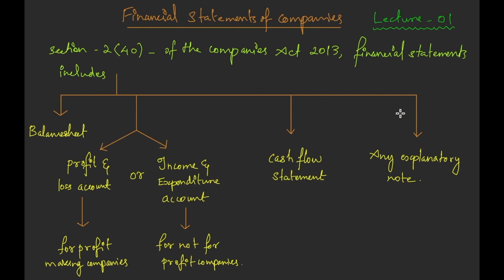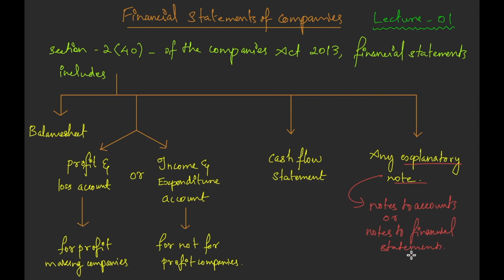Now the fourth one is any explanatory notes. Explanatory notes are generally referred to as notes to accounts or notes to financial statements.